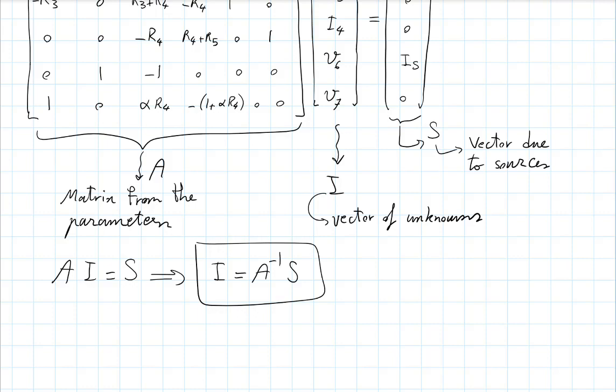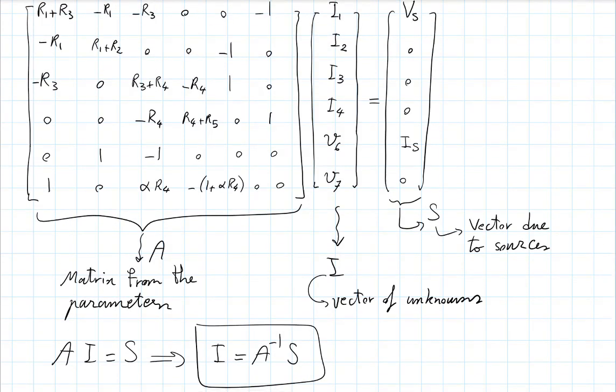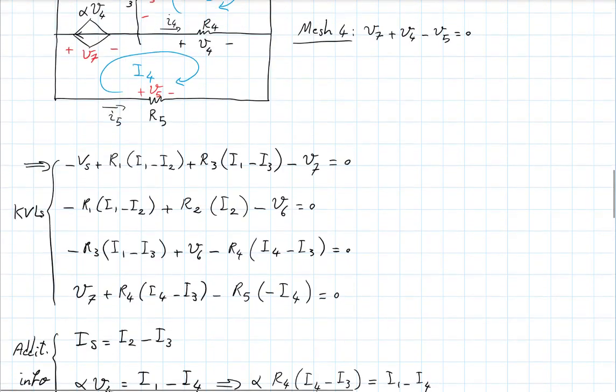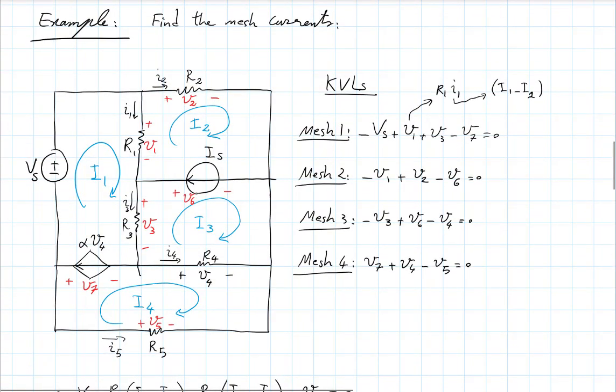And of course, if you then wanted some other quantity in the circuit, such as any of the element currents or voltages, then let's say if you're interested in little I3, now that you have big I1 and big I3, the difference of those will give you little I3. If you want little V3, well, that's little I3 times R3. Or if you want the power in that element, then you have its voltage and current. So you can then work out everything else that you want in the circuit.